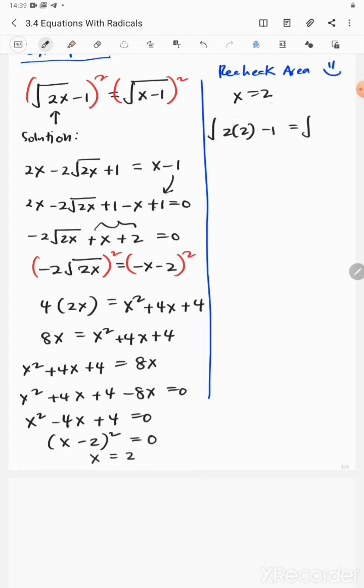So 2 times 2 minus 1, this one will be 4 minus 1, this one will be 1. Square root of 4 we get 2 minus 1 equal to square root 1 we get 1, 2 minus 1. So we get the same value left and right side. So this is what we call a true solution.